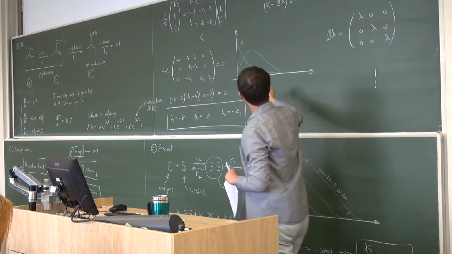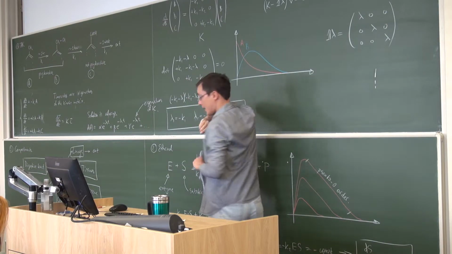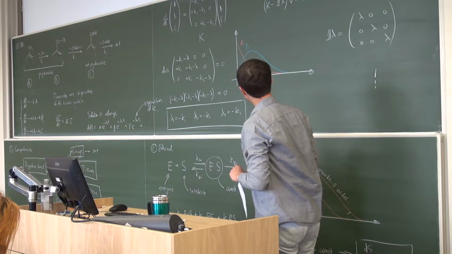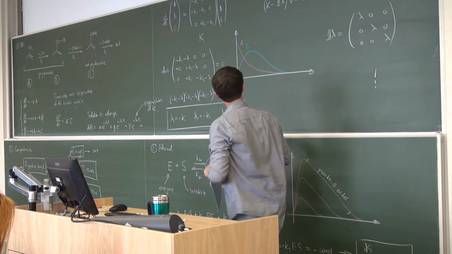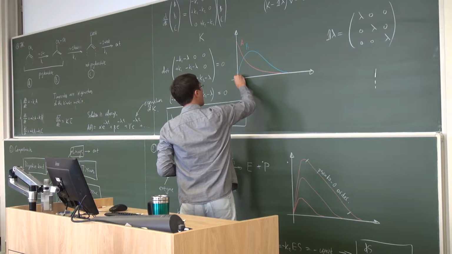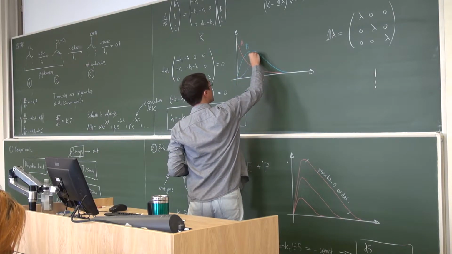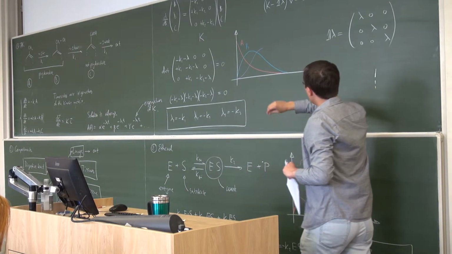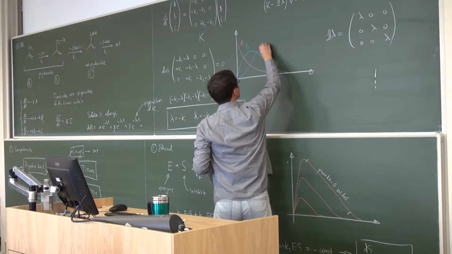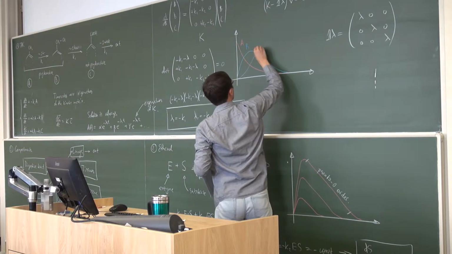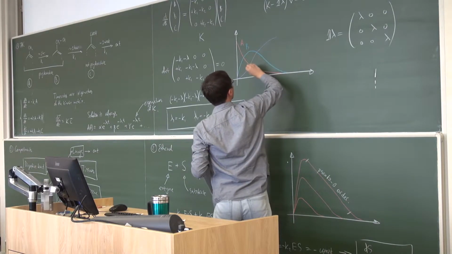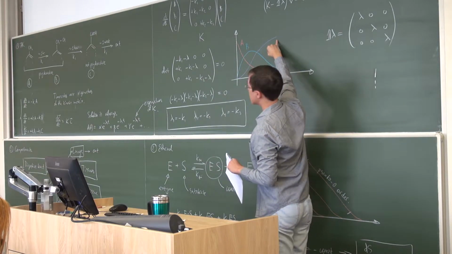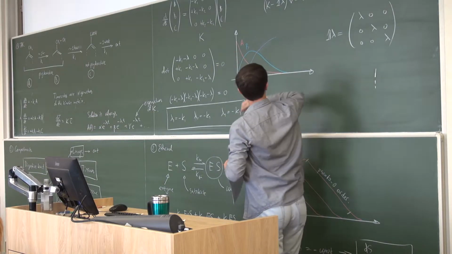Then the metabolite C has an interesting fate in that it is produced as B is being consumed, and there is initially no B. So it starts off rather slowly, but then also rises as B is being consumed, and reaches approximately the level of the initial concentration of our substance A. And finally, as both A and B are consumed, it reaches the peak that corresponds more or less to the initial concentration.